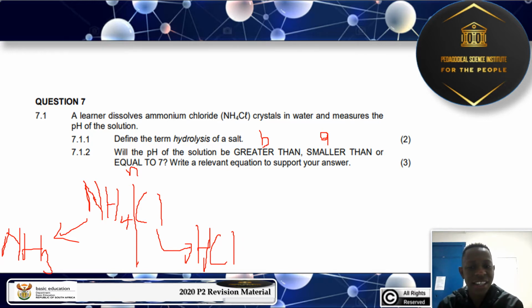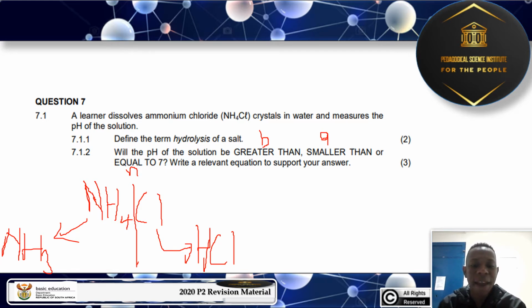HCl is an acid, it donated this H, that is why it has become Cl-. So NH4Cl is a salt: an acid plus a base has formed this salt.